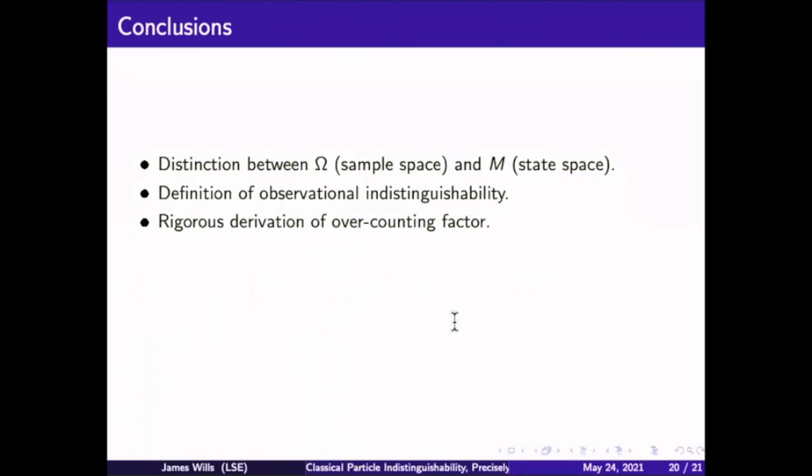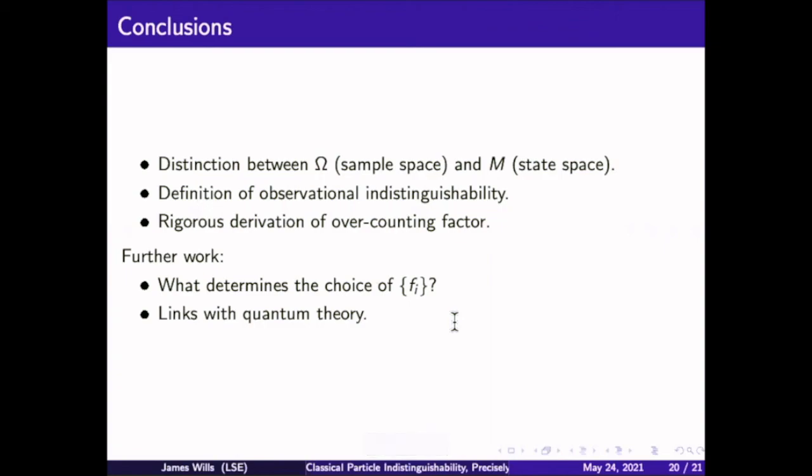If we do this precisely in classical mechanics, where observables are represented by smooth functions, then we get a precise definition of observational indistinguishability, and following on from that, a rigorous derivation of the overcounting factor. And we've seen also what features the overcounting factor depends on.